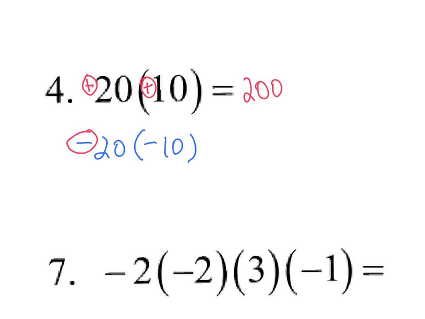So -20, -10. There's nothing in between, so that means multiplication. There's no plus or minus. So your answer, when you have the same sign, is positive, and you multiply the numbers. You don't need the plus next to the answer. Everyone knows that if you have a number with no sign, that's considered a positive number. So 200 is correct.